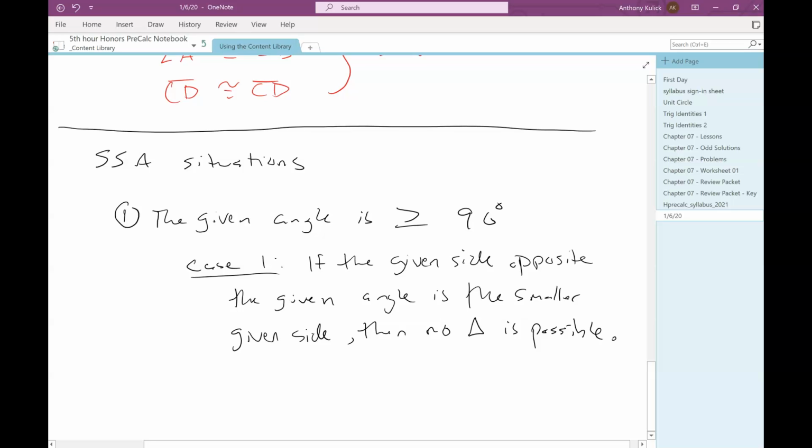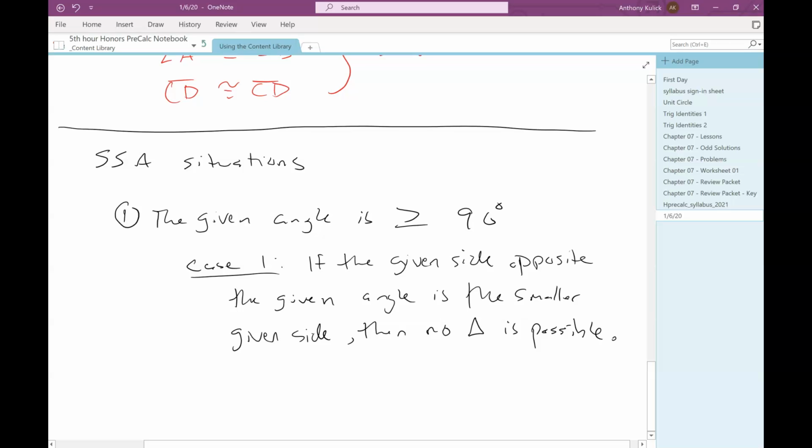So there's two situations that we can run into if the given angle is not acute. The first one is if the given side that's opposite that given angle is smaller than the other given side. That's impossible to have a triangle formed.